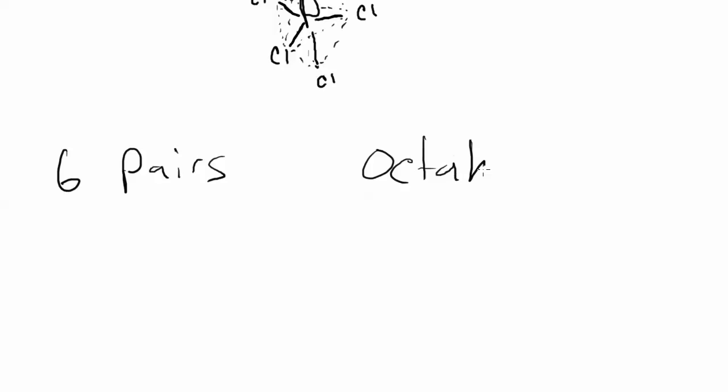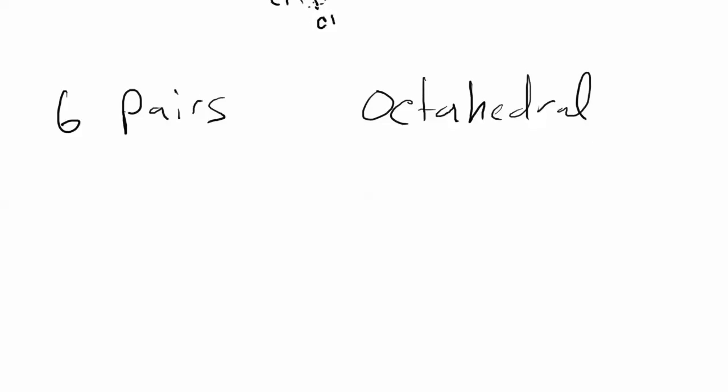And the last shape, and again this one's kind of crazy, the last shape that you're going to be responsible for in this class is if there are, as you can guess, 6 pairs of electrons trying to get as far away from each other as they can. At that point you get something that's called octahedral. What octahedral looks like is you have your central atom, and you have 4 atoms coming out from that at 90 degrees to each other.